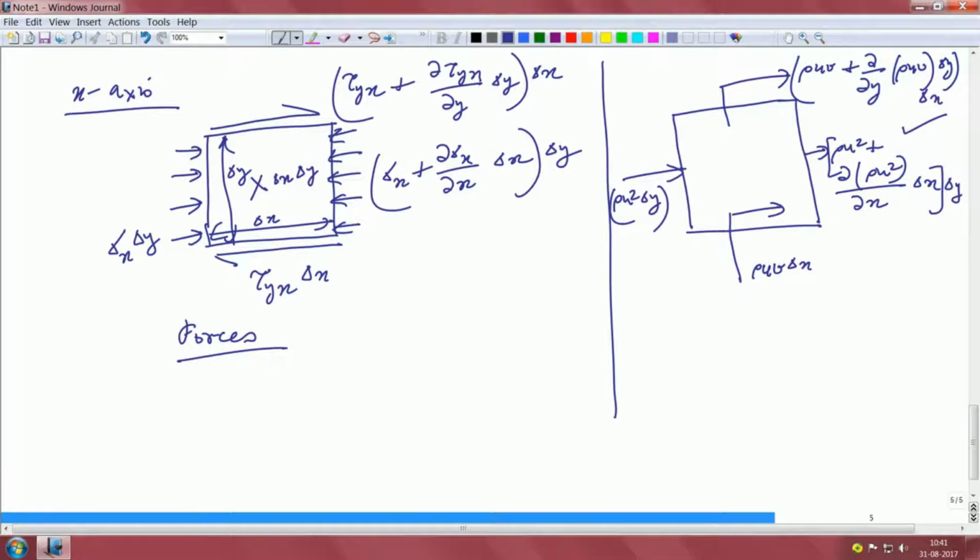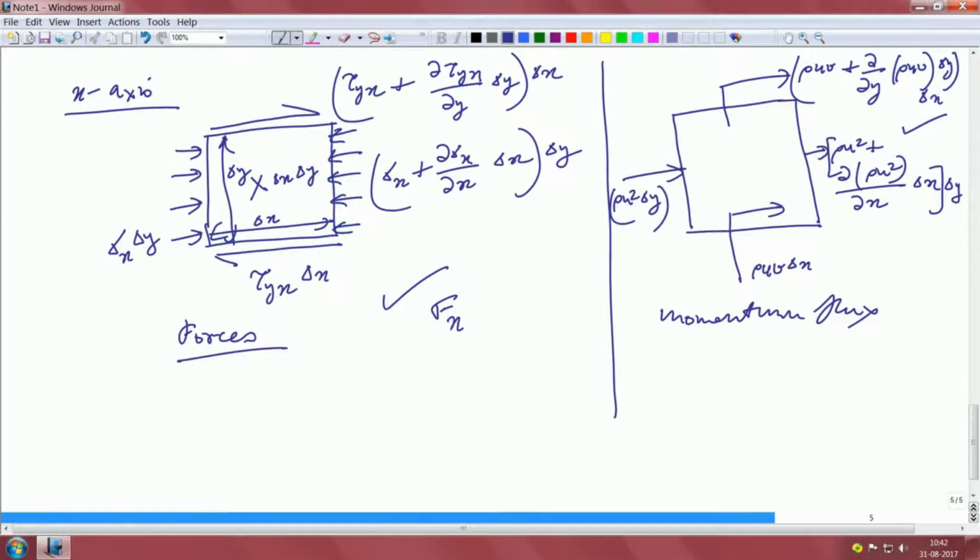So in the x direction, when you look at the x direction momentum equation, these are the two principal players: this gives you Fn, or in this case Fx, and this gives you the momentum flux that is coming in and out.